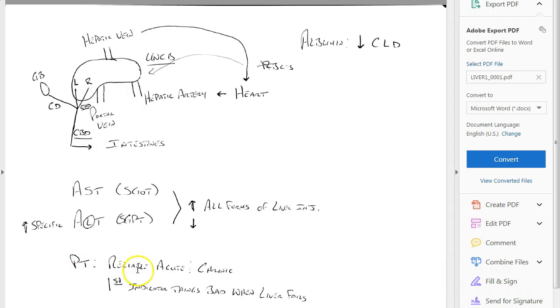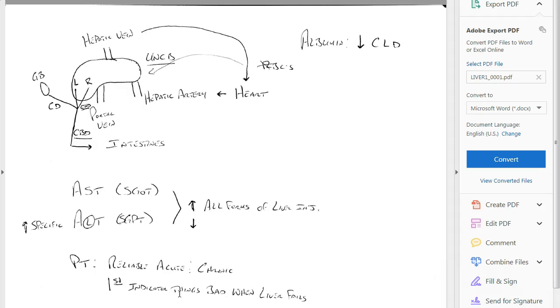So if you have a PT of 10, your INR is going to be 1. Simple math, right? Even in my non-caffeinated state right now, I have the feeble brain power to put that together.